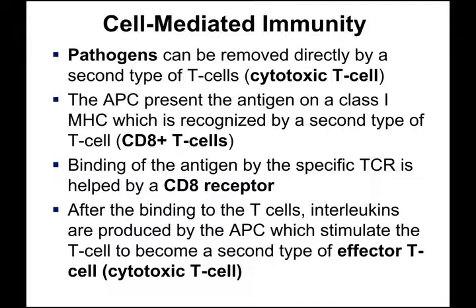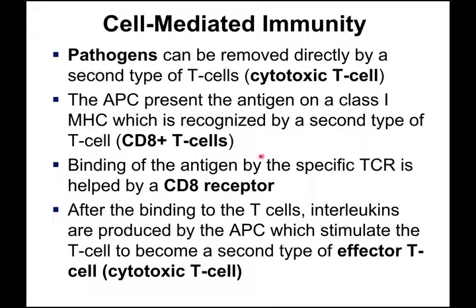Now the same cells can actually activate also a different type of T cells, which are referred to as CD8 plus T cells. So the antigens for these cells are presented through a different major histocompatibility complex, which is a class 1 major histocompatibility complex.